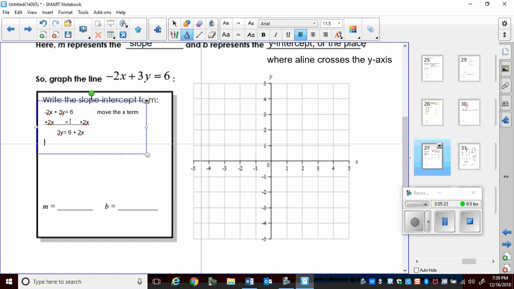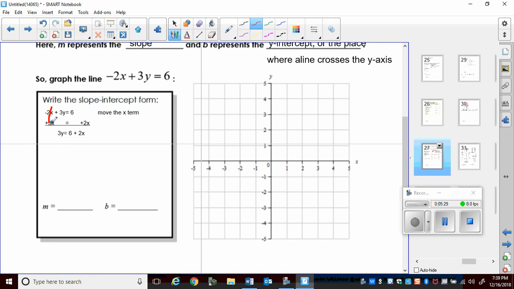Then I divide by 3 on each side. So remember, this goes away, and you divide each term by 3. So 6 divided by 3 is 2, 2x divided by 3 is 2/3 x, and the 3's cancel.